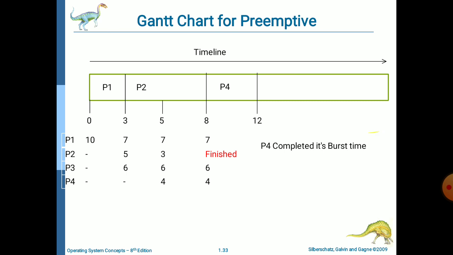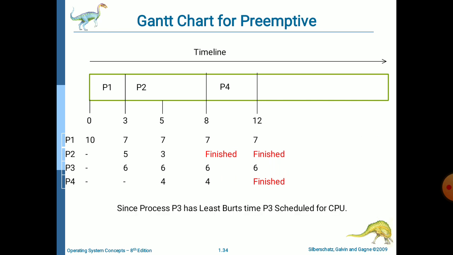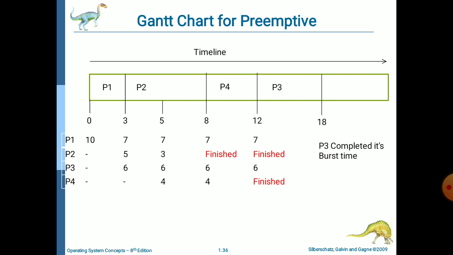Then the remaining times are: P1 is 7, P2 is finished, P3 is 6, and P4 is finished. Now when you compare P1 and P3, P3 has lesser time, so it is allowed to execute. Next, P3 is allocated the CPU and it starts execution from 12 and finishes at 18.